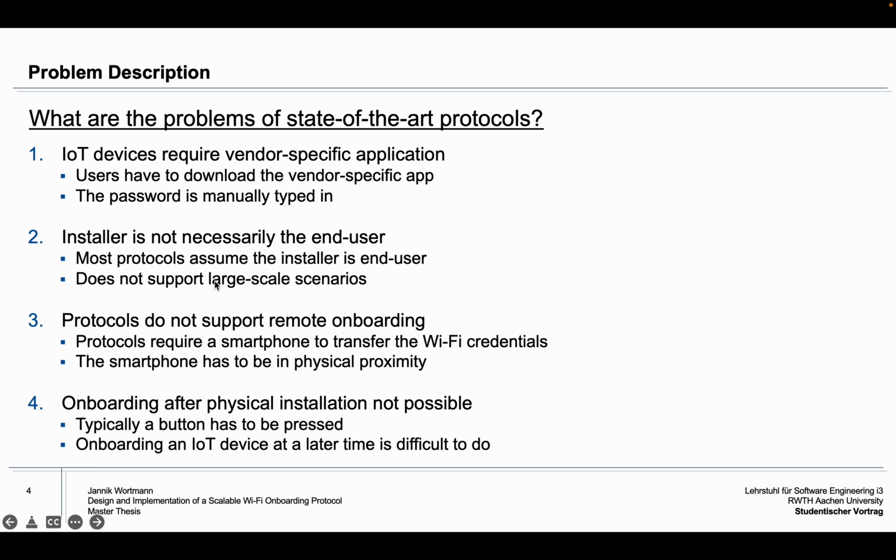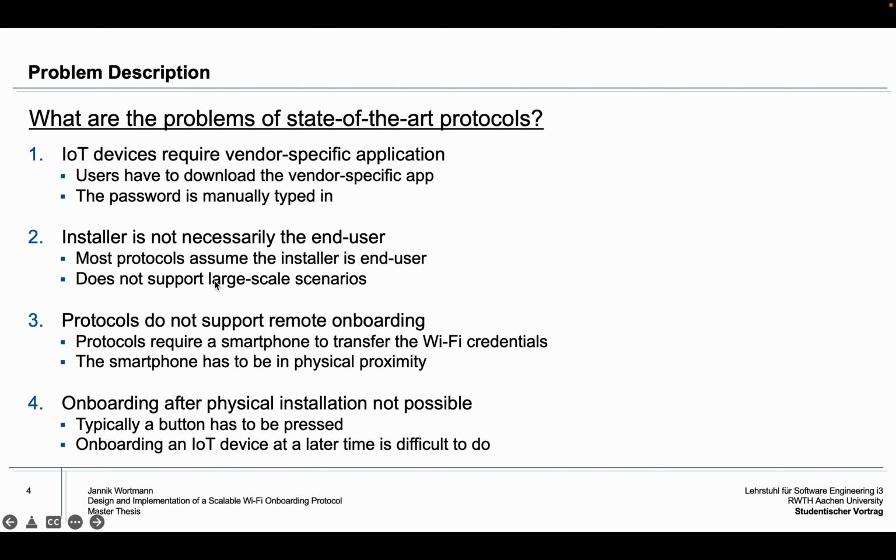Third, the protocols do not support remote onboarding. Protocols usually require a smartphone to transfer the Wi-Fi credentials, and therefore the smartphone has to be in physical proximity. And therefore, remote onboarding without being in physical proximity is usually not supported.